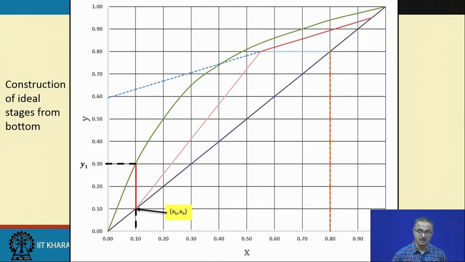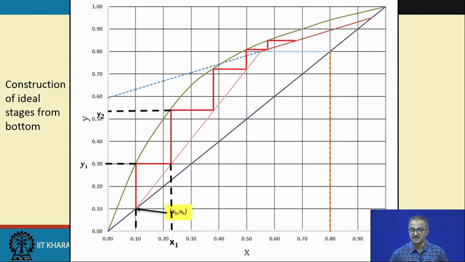After xb, the liquid composition of the bottoms, this y1 represents the vapor coming out from the reboiler, and this vapor goes into the column, and then we can get the composition of the liquid stream passing this vapor from the reboiler. That is how we keep on doing this staircase construction.